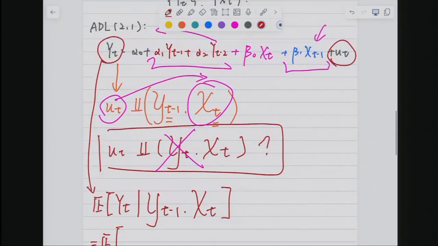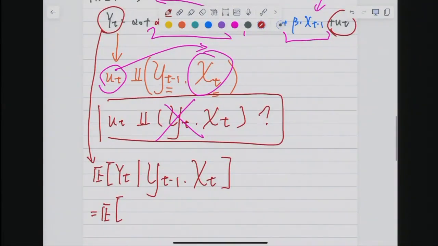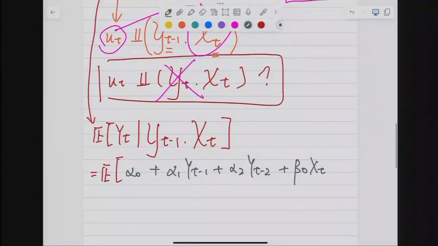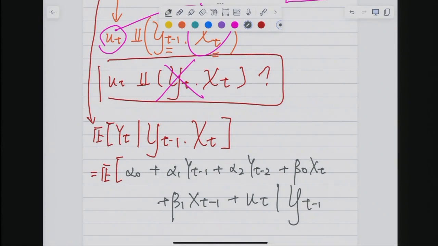Then the first thing we do is we plug in the model equation for y, which has 2 lags of y, and the current x, also the lag of x, and also the error term.